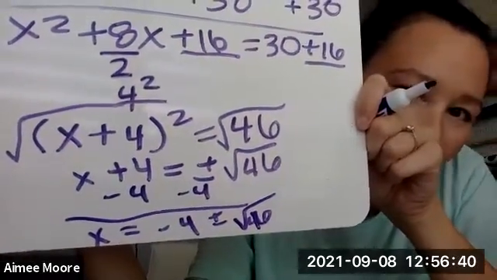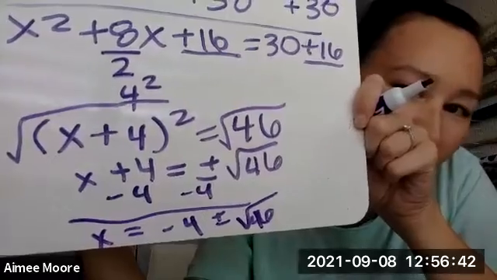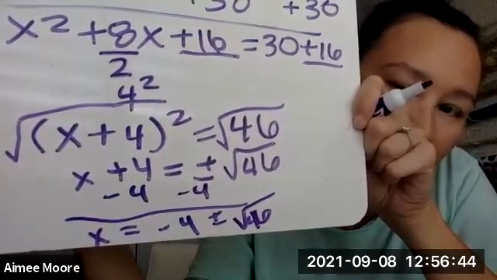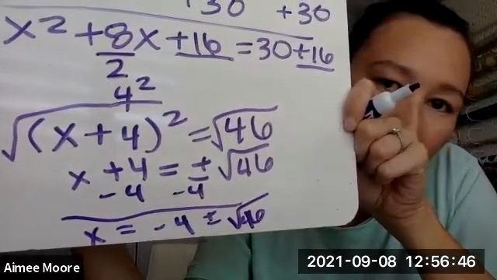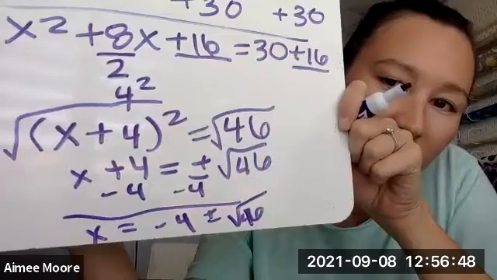Okay, any questions on completing the square? Okay, do you guys want to just keep going in order, or do you want me to skip so that we can do a quadratic formula problem together?